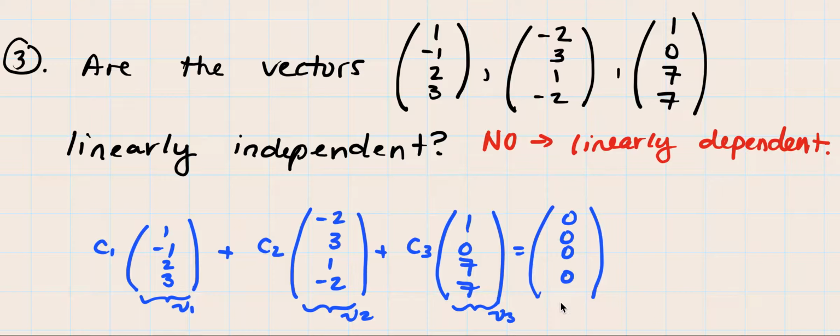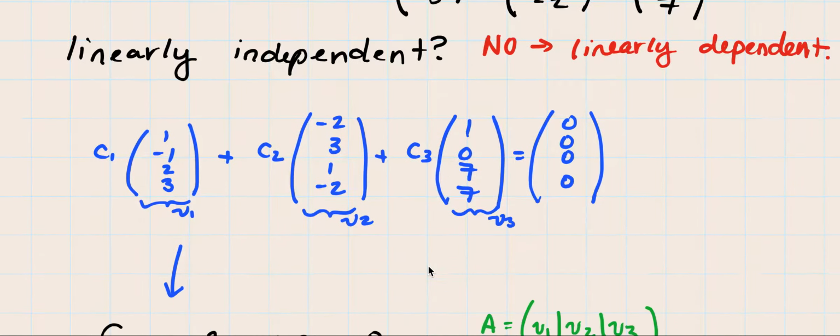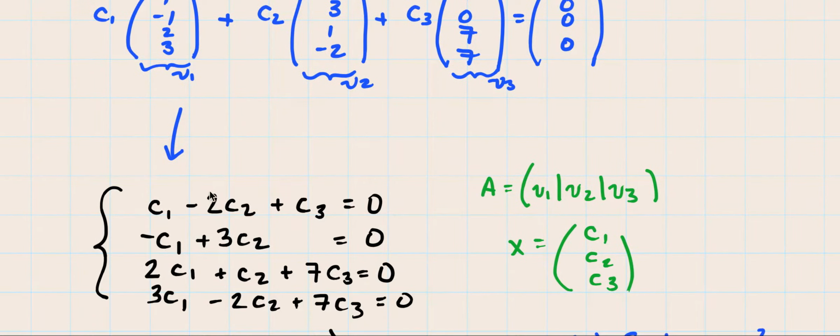But if they're linearly dependent, then we can find a c1, a c2, or a c3 that's non-zero, and we get this 0 vector. So we notice that solving this for c1, c2, c3 is the same thing as solving the system.